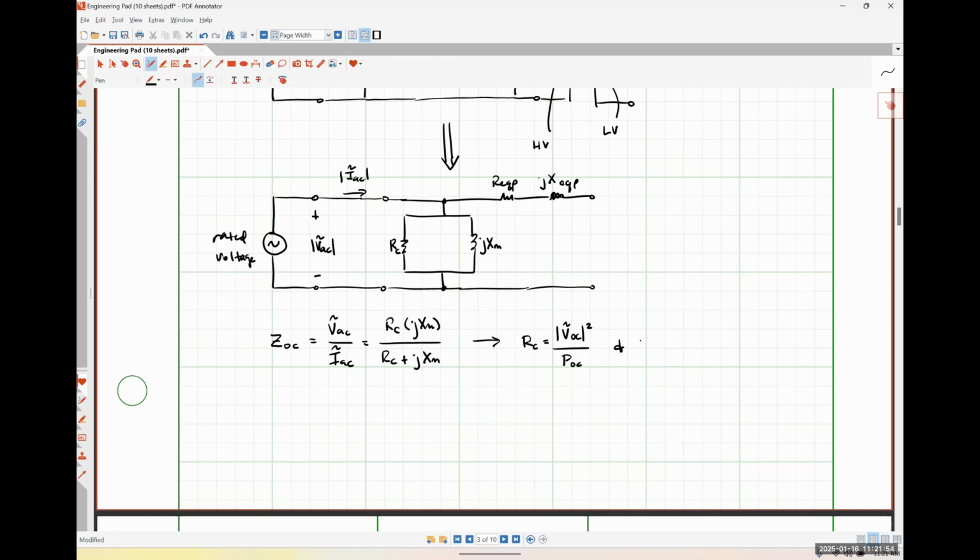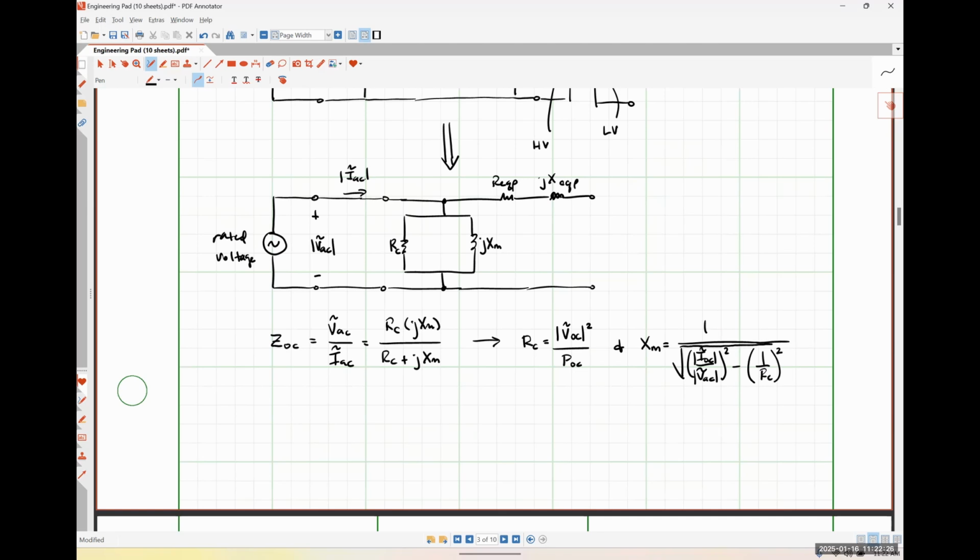And XM is going to be 1 over the square root of IAC over VAC, those are just magnitudes, so these are just things that we can literally measure, squared minus 1 over RC squared.